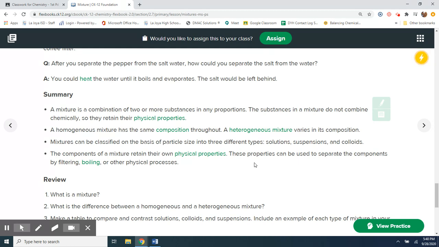So in summary, a mixture is a combination of two or more substances in any proportions. The substances in a mixture do not combine chemically, so they do retain their own physical properties. Homogeneous mixtures will look uniform or one color. Heterogeneous mixtures will vary in composition, or you'll see multiple textures, multiple colors. Mixtures can be classified on the basis of particle size.